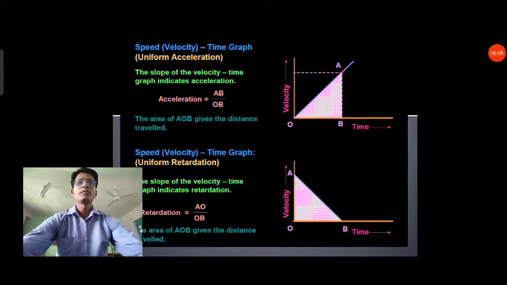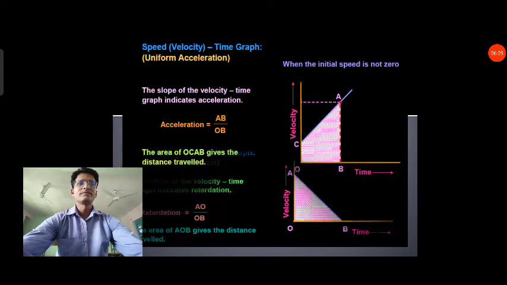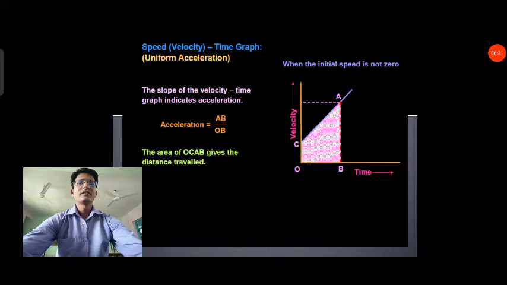Here, the slope of the velocity-time graph indicates acceleration, and a negative slope indicates retardation. If velocity increases, it shows acceleration. If velocity decreases, it shows retardation. The velocity-time graph indicates acceleration, and you can see the speed versus time velocity-time graph.